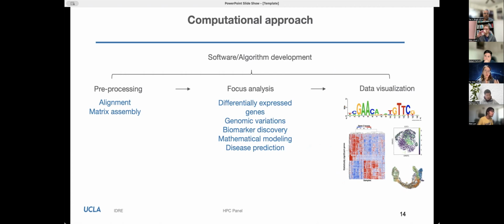We start from pre-processing: the sequencers from Illumina produce short reads, and we do alignment to the reference genome and matrix assembly for downstream analysis. Next we do focused analysis: we call differential expression, we call genomic variation, we might find biomarkers based on GWAS studies, and we can do mathematical modeling to predict outcomes for individuals, like disease prediction. And the final step is data visualization.